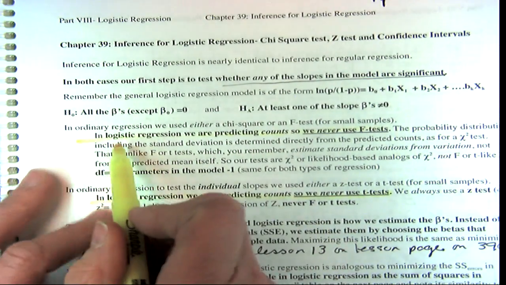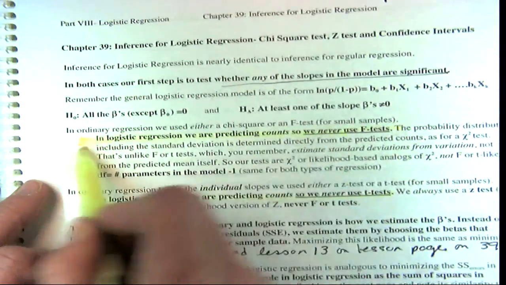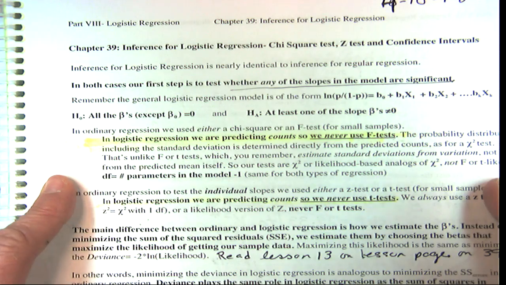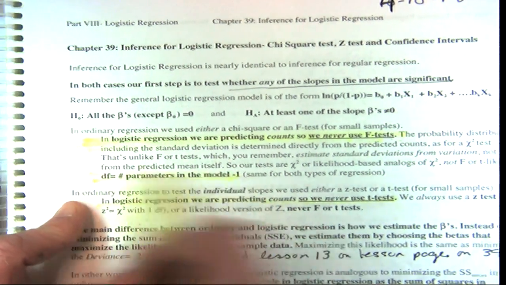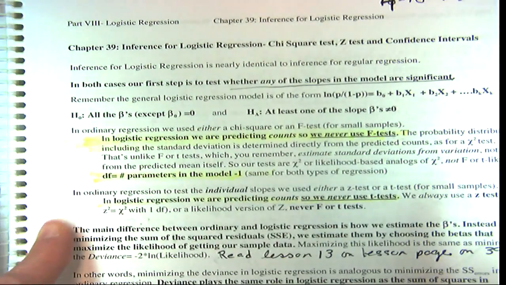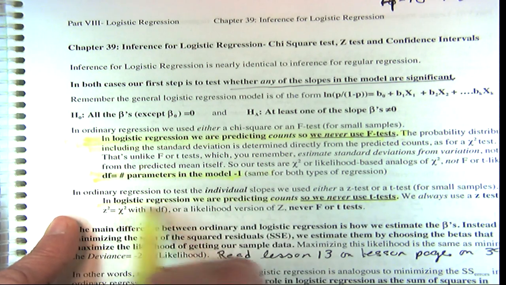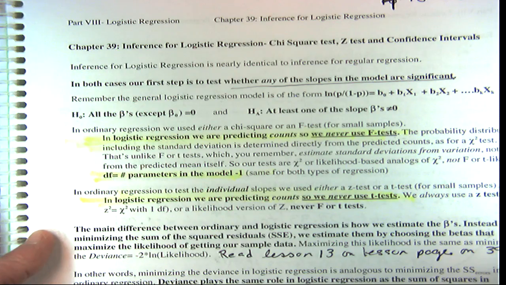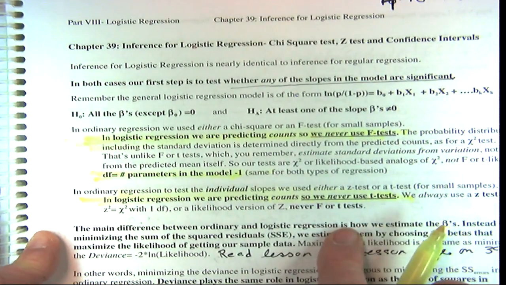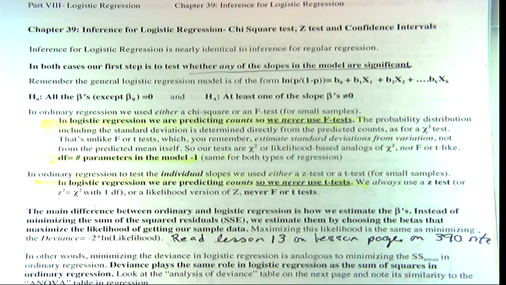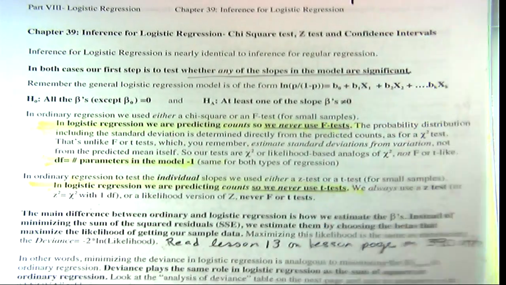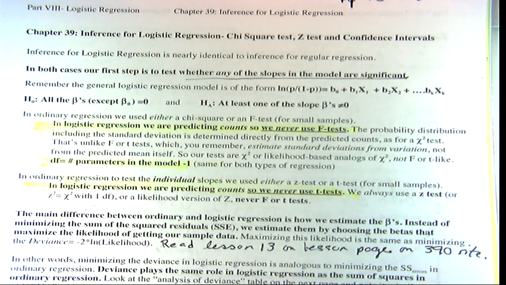In logistic regression, we're predicting counts, so we never use the F-test. Here's where it's explained, and here's where the degrees of freedom are explained. And for the individual slopes, we never use t-tests, and it is explained why here. This is a better explanation than in the summary, so I'm glad you alerted me to that. This is a good page. Time to read. All right.